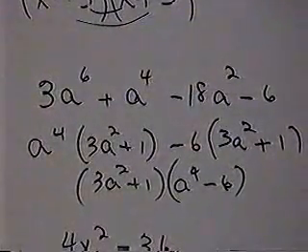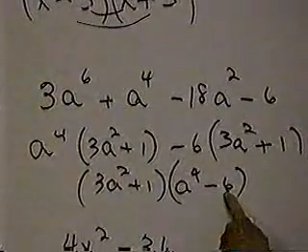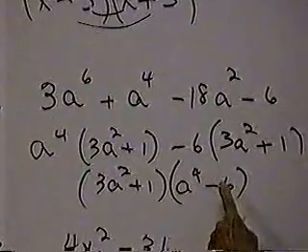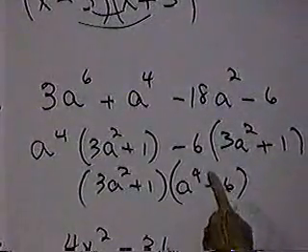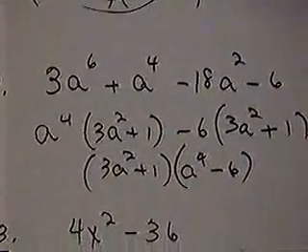Okay. Then check to see if it can be factored in further. No. This is not a perfect square. It needs to be a 1, 4, 9, 16, 25. So, all right.